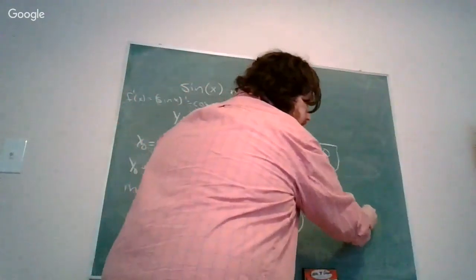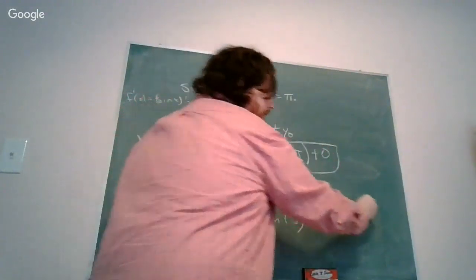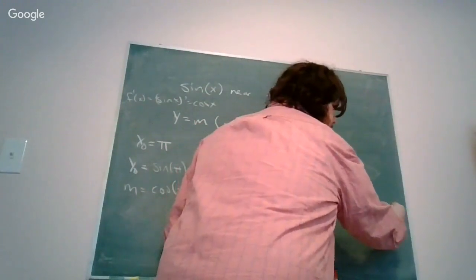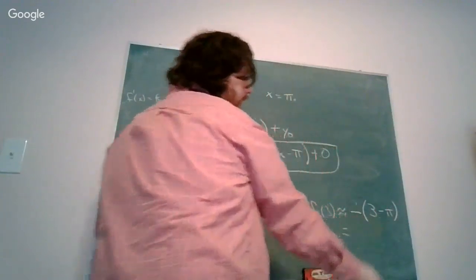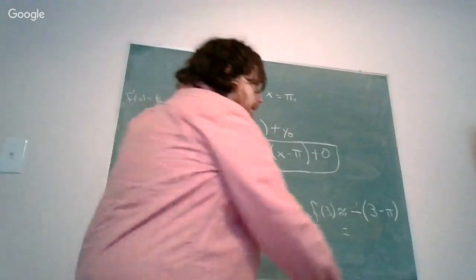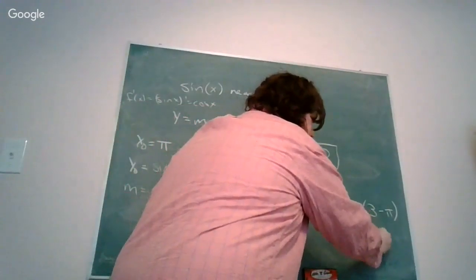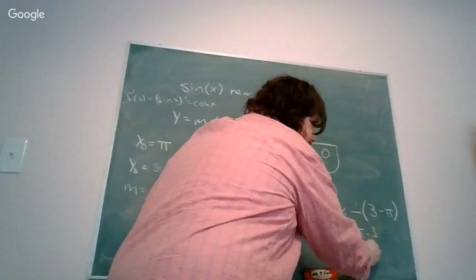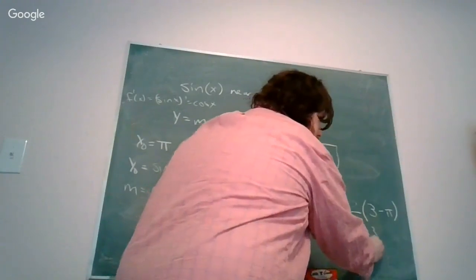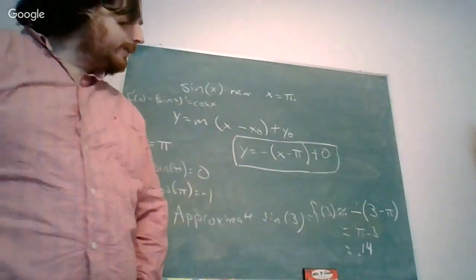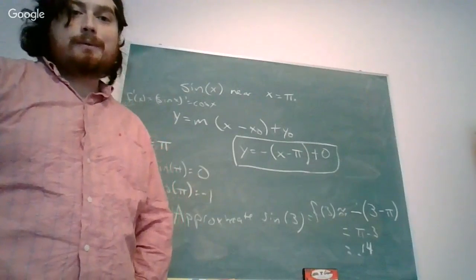So what I do here is, instead of x, I get negative (3 minus pi). That gives pi minus 3, or as an approximation, about 0.14. So I would say sine of 3 is approximately 0.14.